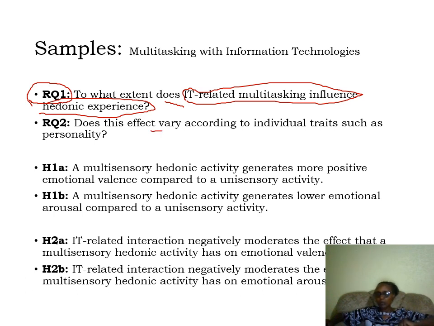Very good examples from research articles. Then from these two research questions, two hypotheses were developed and tested. You can go and read that article again just to see what this type of research typically is.